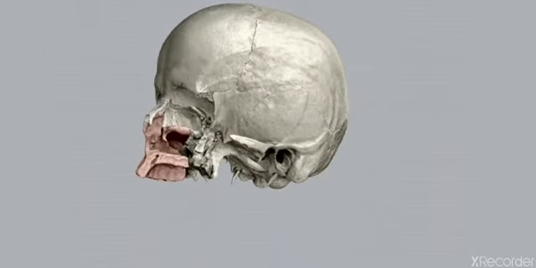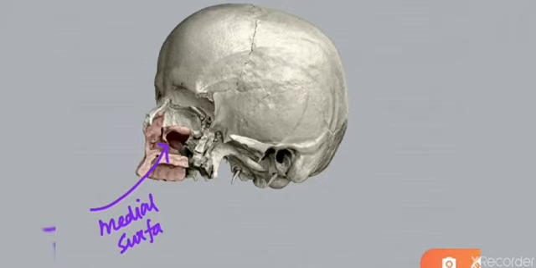See, that is the medial surface of maxilla, and there is a big opening in the medial surface. This is called maxillary hiatus. That opening is called the maxillary hiatus.